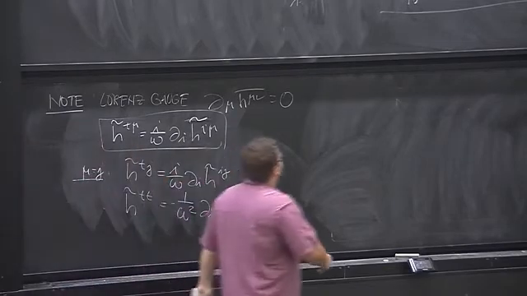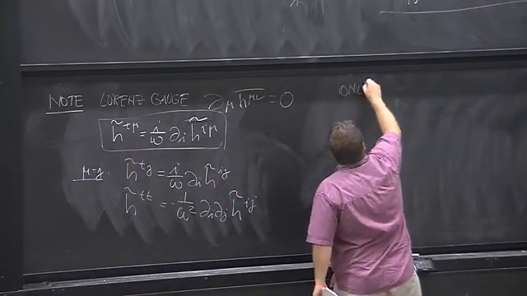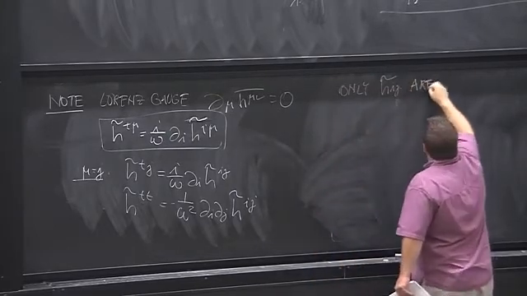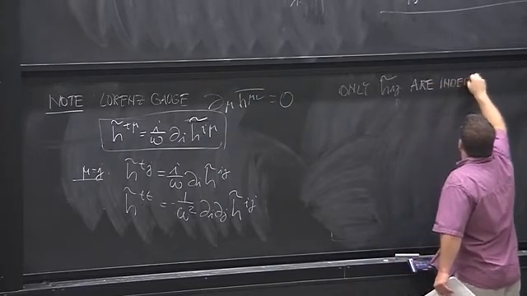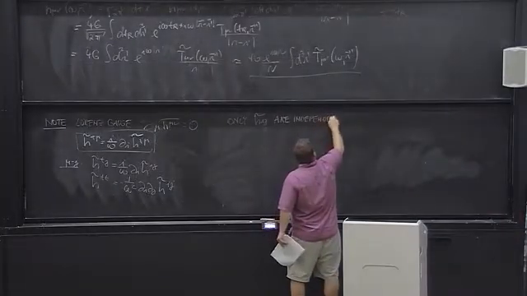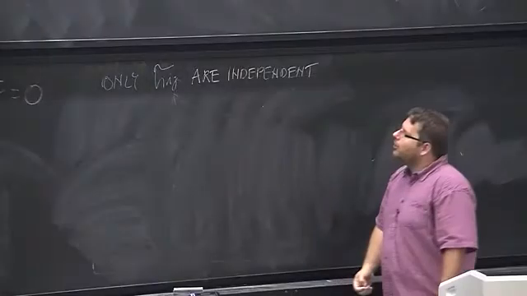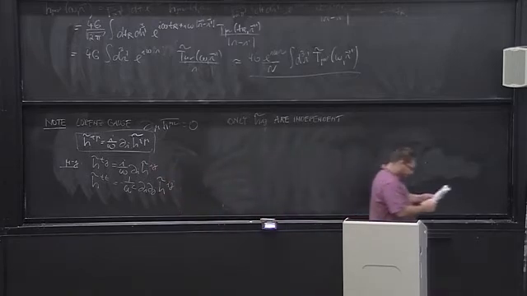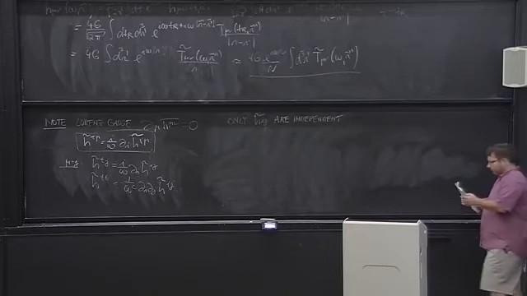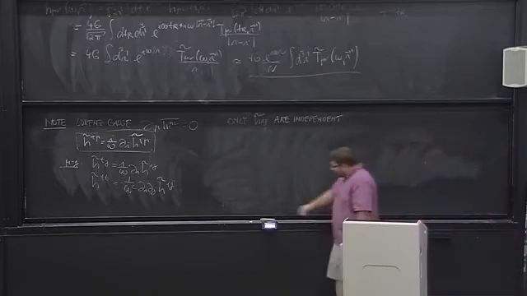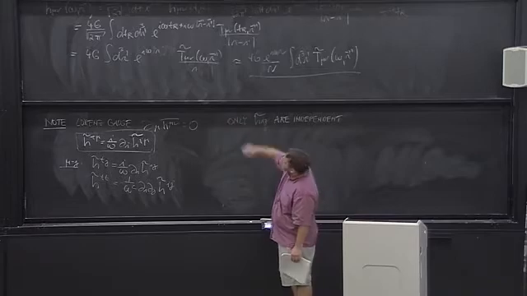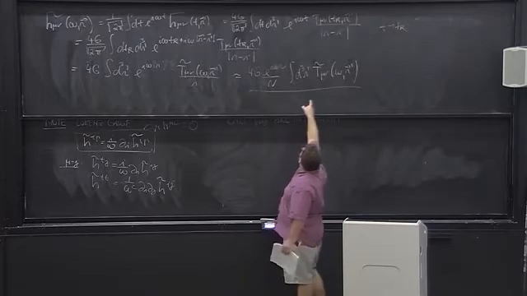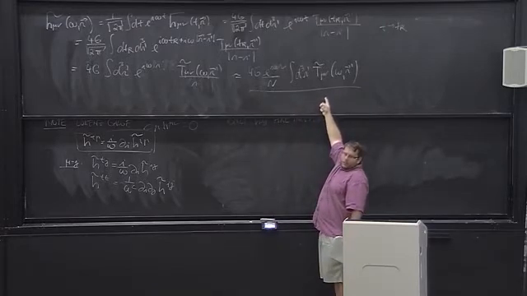Okay, so only h̃^{ij} are independent. And so if I know these, I can find h^{tμ} from this thing here. All right, so that's a simplification. So we can only look at the spatial parts of this formula here. So we have the formula h^{μν}(ω, r) given by this. So all we need to look at is the spatial part of this thing.